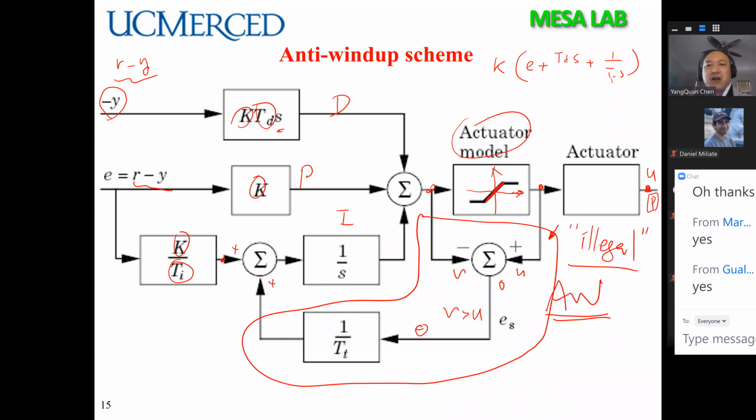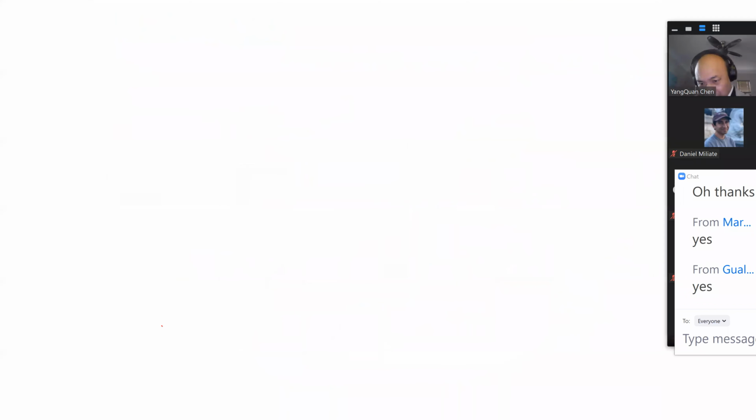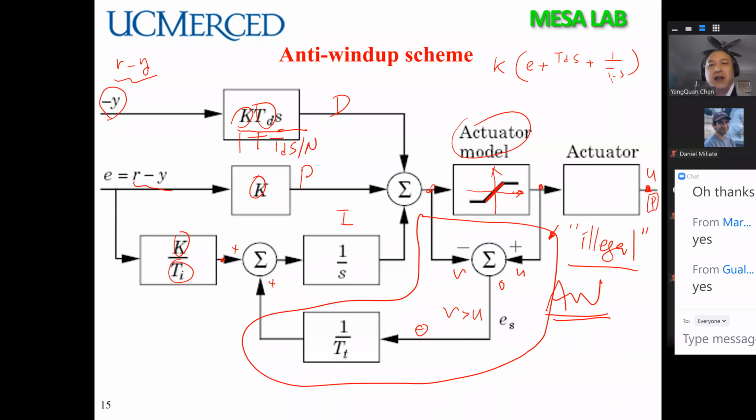But is this the one we want? No, it's not practical. So the practical one is 1 plus T_D s divided by N. What is the N? Usually N should be like 4 to 40-ish.